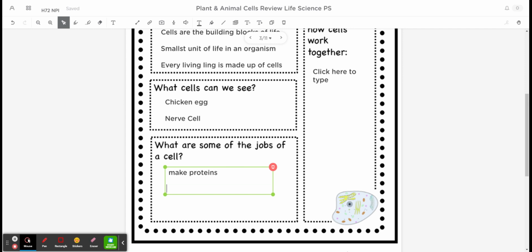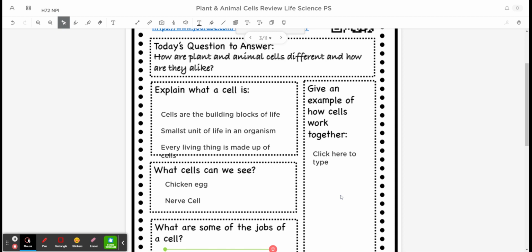Another thing you might say is that they produce energy for us. And anything else that you can think of about the jobs of a cell, please feel free. You can list them on your own ClassKick. You can list jobs of a cell on your own. You can do these, and then you can add some if you would like to. That would be perfectly fine.